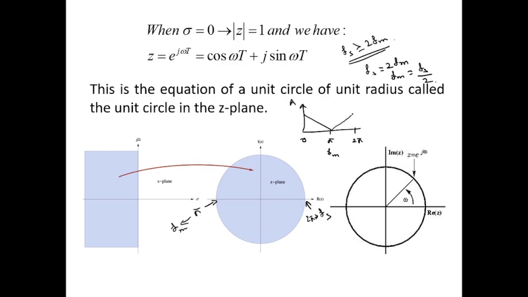So 0 to fm, again 0 to fm would be there. So whatever the frequency component is there in 0 to pi, it will be again mapped in the range of pi to 2 pi.